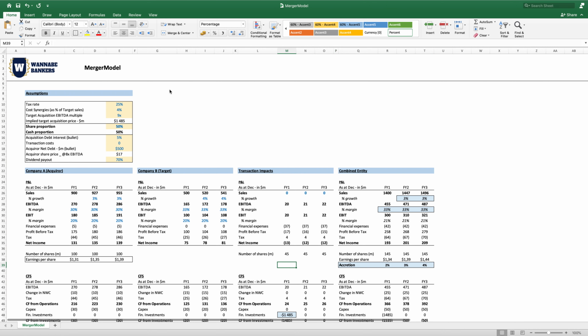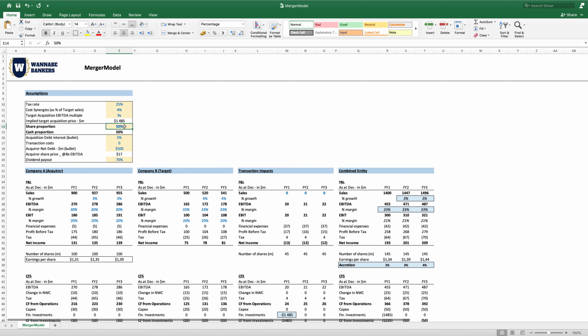This is due to the fact that on the one hand, we add to the net income of company A the net income of company B plus the transaction impacts. And on the other hand, we have created some additional shares to pay for the transaction, since the case in which I have set up the model right now is 50% shares and 50% cash component.